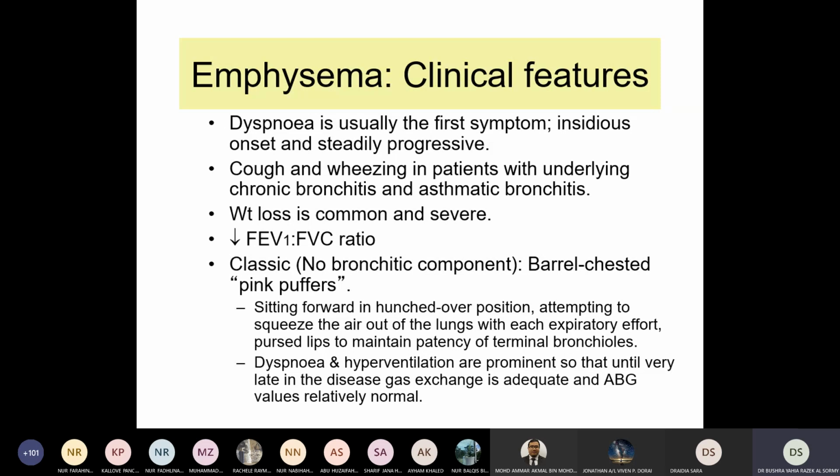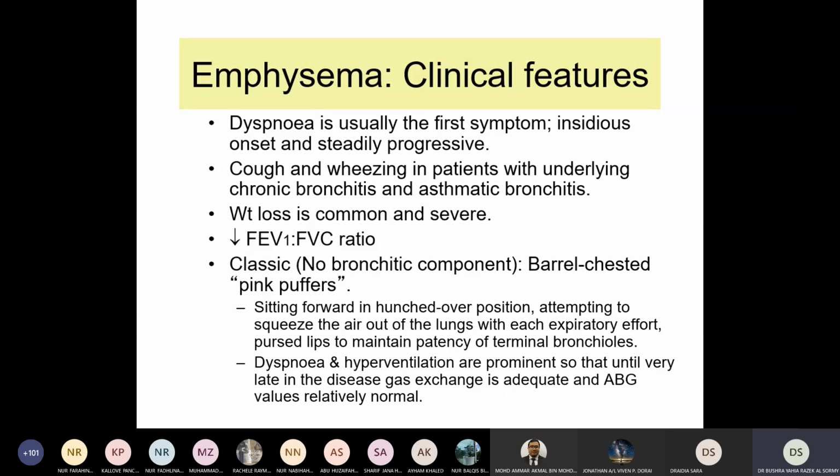So it causes a decreased ability to oxygenate the blood. So not only is there less surface area for gas exchange because of the destruction of the alveolar wall plus the capillary, but also less blood coming. There is also less vascular bed for gas exchange, so it leads to ventilation perfusion mismatch.